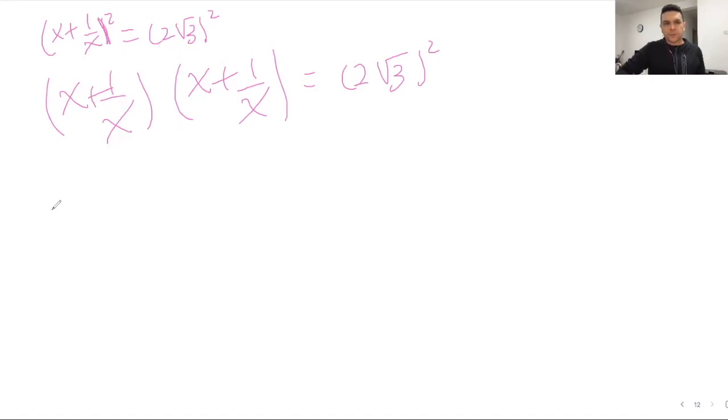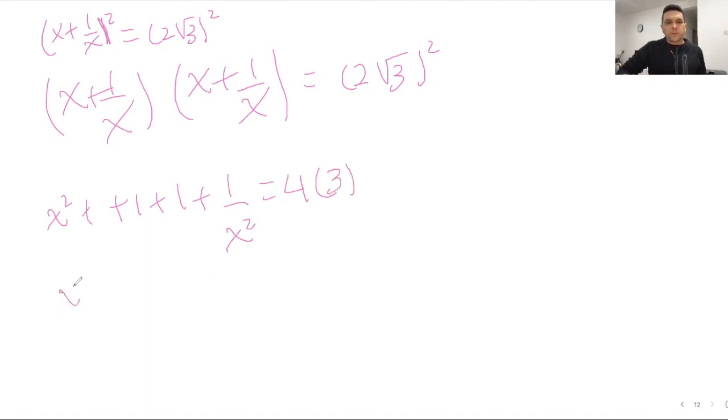So I'm going to get x squared plus 1 plus 1. This times this is x squared. This times this is 1. This times this, 1 over x times x is 1. And then plus 1 over x squared. And here we have 4 times square root of 3 squared is 3, right?